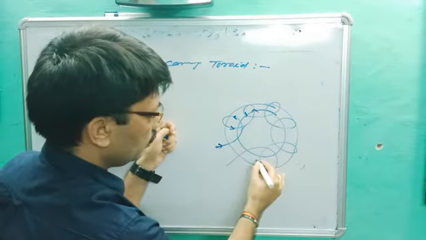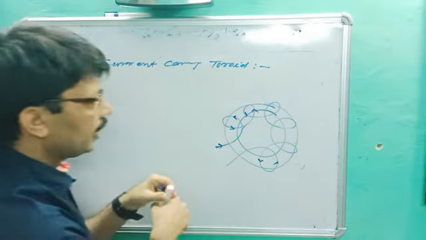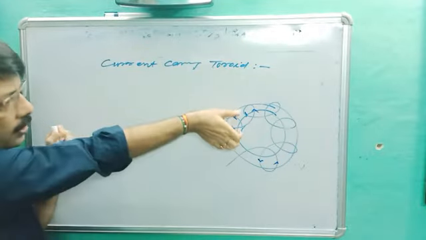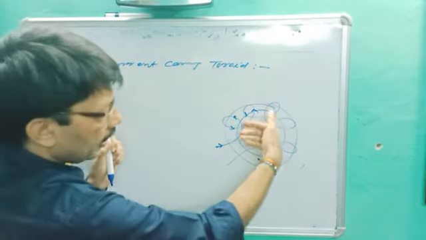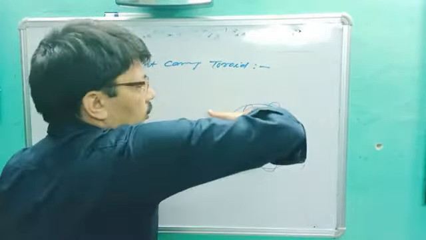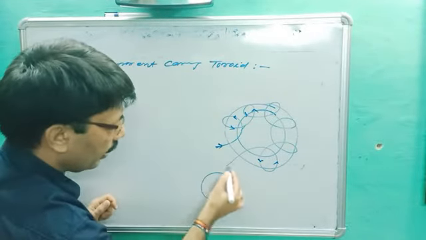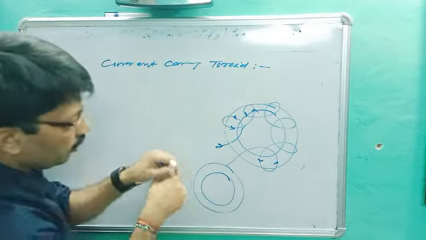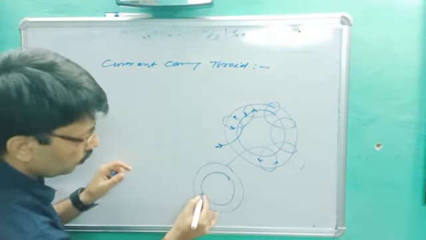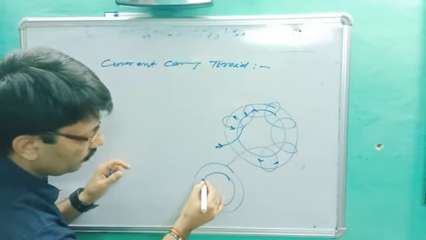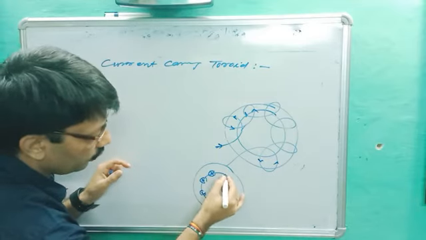Similarly it will be down and up. What do we get? You can see the current is going inward. The current is coming outside, right hand thumb rule, outside. So the diagram could be depicted like this: inward. So here the magnetic field is inward. Are you getting the point?